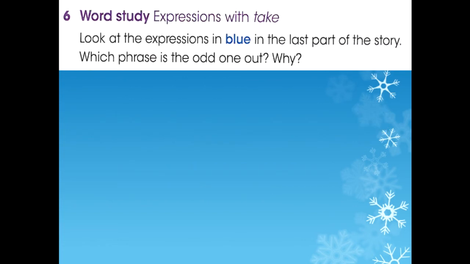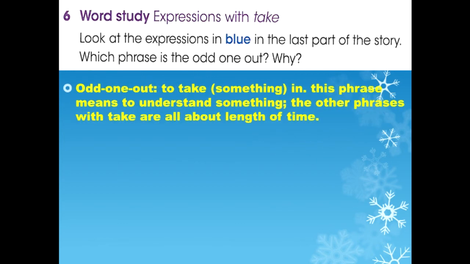Now exercise number 6. Expressions with the verb take. Look at the expressions in blue. In the last part of the story, which phrase is the odd one out and why? The odd one out is to take something in. This phrase means to understand something, but the other phrases with the verb take all talk about the length of time.